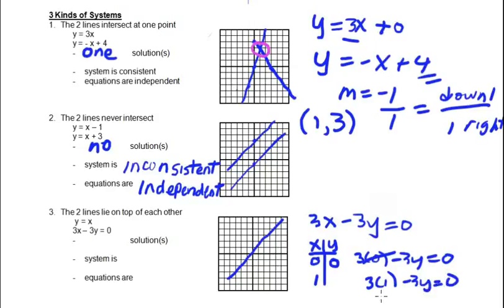When we set 3 times 1 is 3, and add on the 3y to the other side, we end up with positive 3y. And so in this case, y is also equal to 1. So now we can graph these points, (0, 0) and also (1, 1).